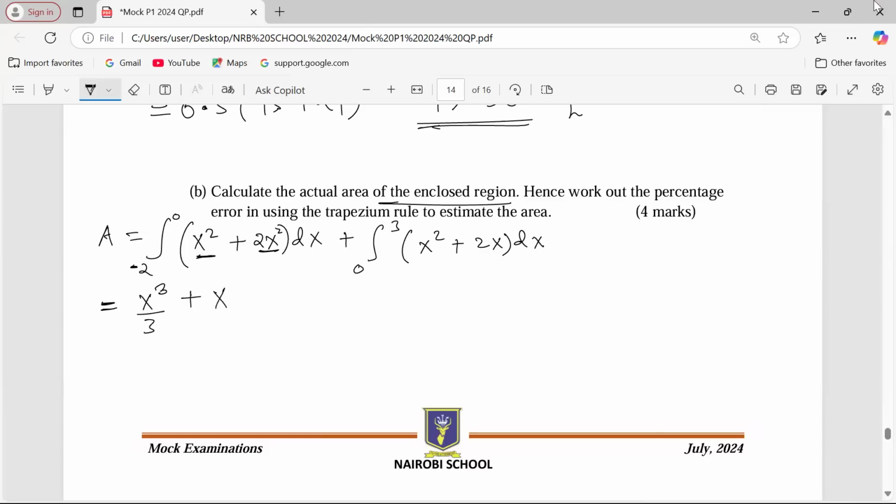It will be x squared, plus the arbitrary constant of integration. Then from -2 to 0, it's the same function: x cubed over 3 plus x squared plus the constant of integration. This is from 0 to 3.